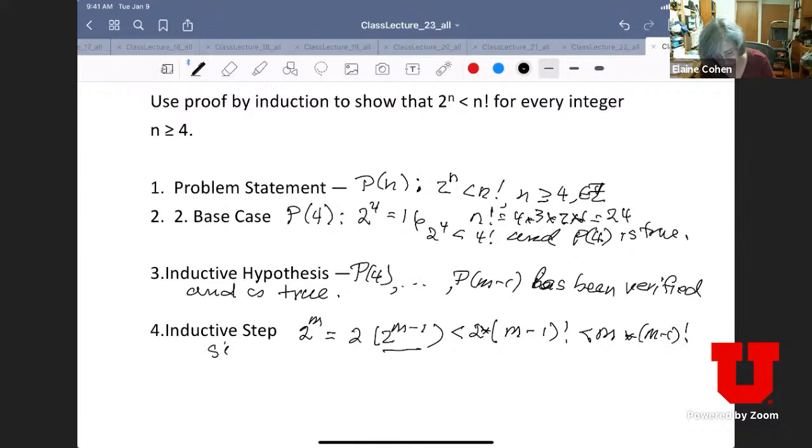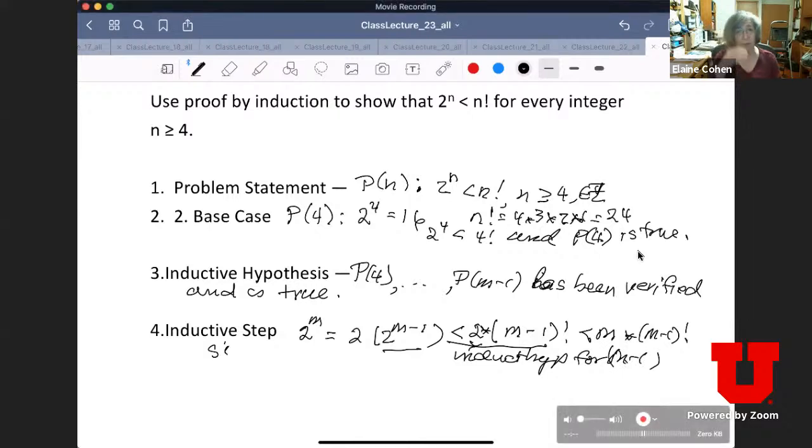So this is the induction hypothesis for m minus 1, which we have as true.